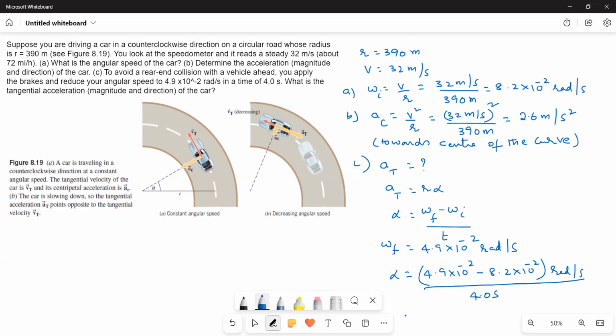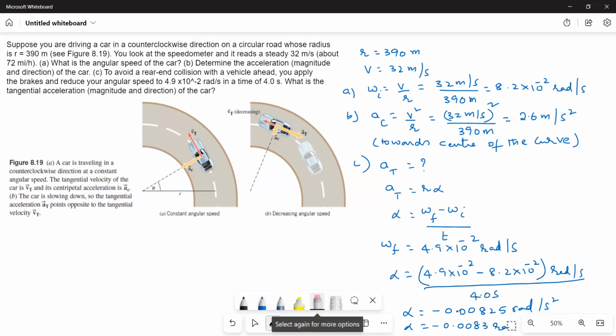Okay, and then this gives alpha equal to negative 0.0082, or rather negative 0.0083 radians per second squared.